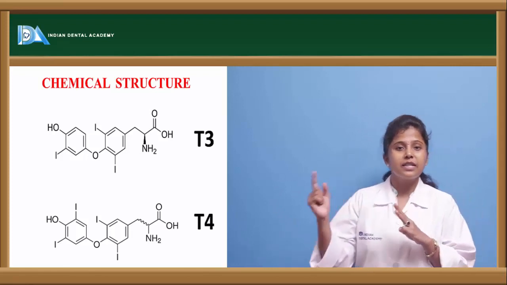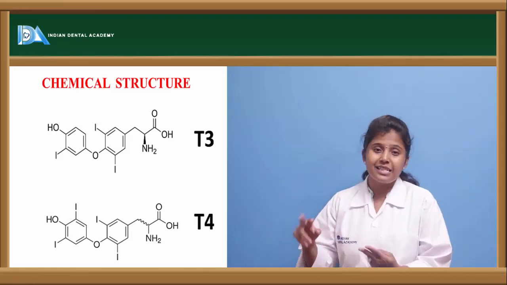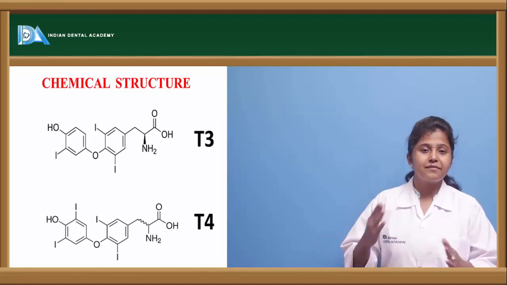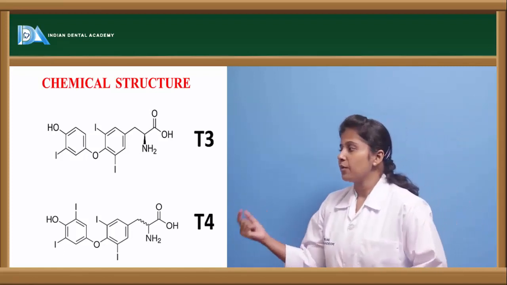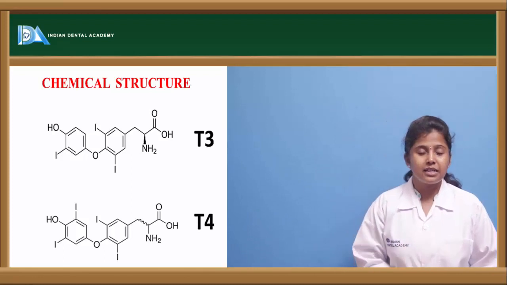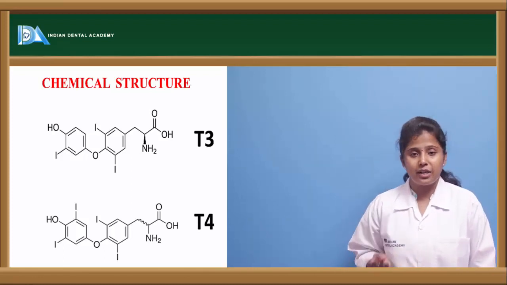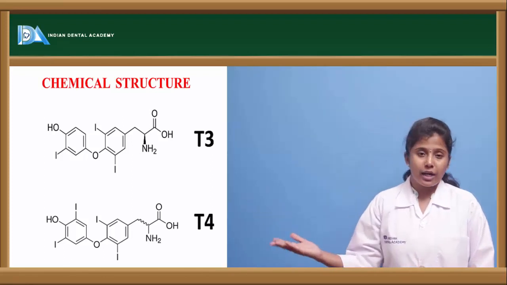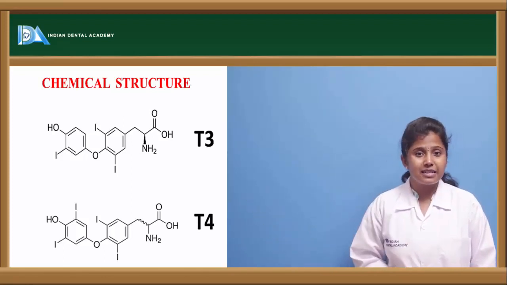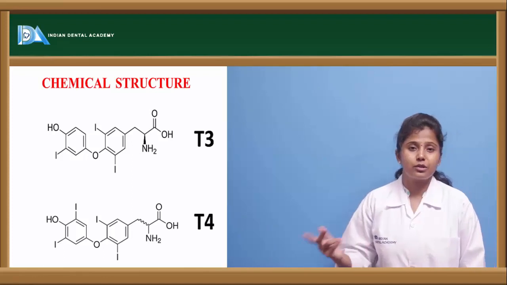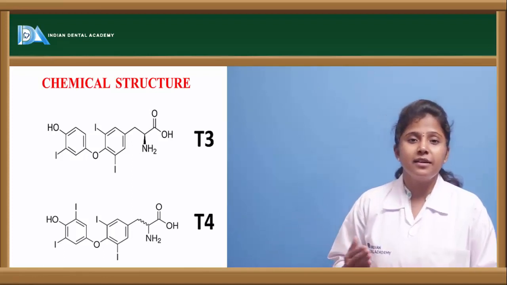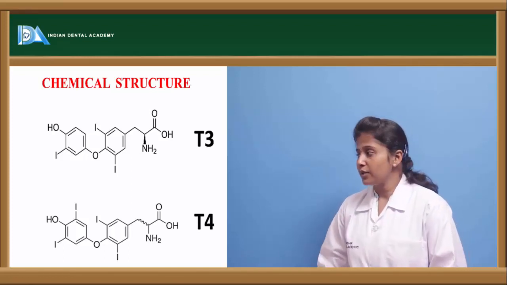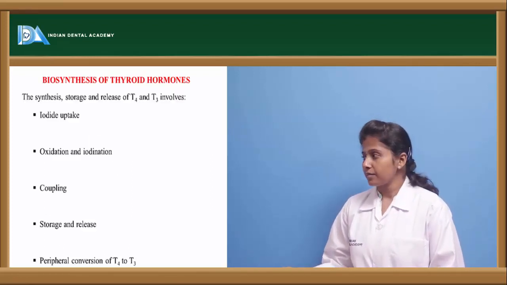As it is present on C3 of two different rings, it is represented as 3,5,3'. Since it contains 3 iodine groups, it is called triiodothyronine. T4 contains 4 iodines at C3 and C5 of the 2 different rings, so it is represented as 3,5,3',5'-tetraiodothyronine, which is the T4 hormone.